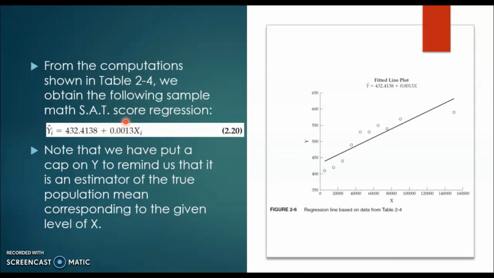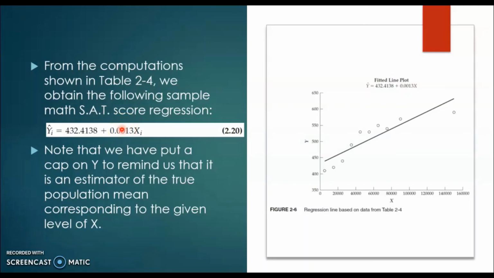It means that, other things remaining the same, if annual family income goes up by $1, the mean or average math SAT score will go up by about 0.0013 points. So that is what this B2 represents.